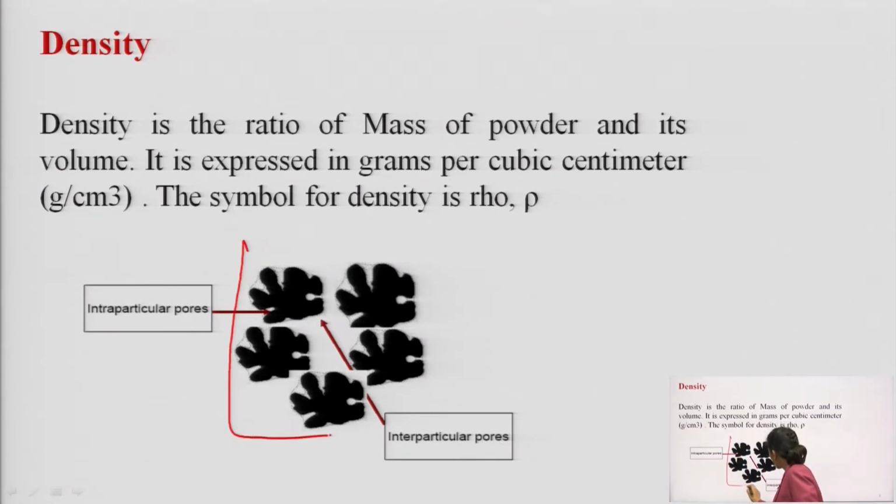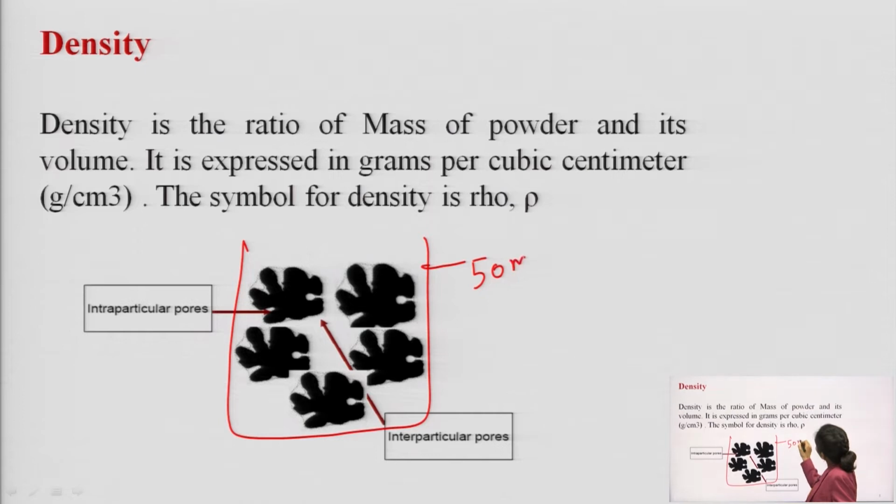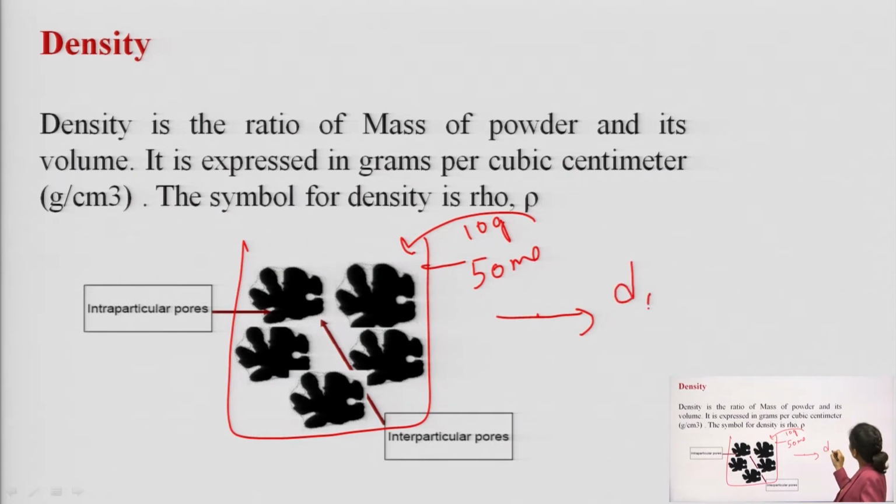Suppose these particles are filled in the beaker. Now, this is 50 ml and the powder is 10 gram. So how will you define rho B, the bulk density? What will be the value of rho B?